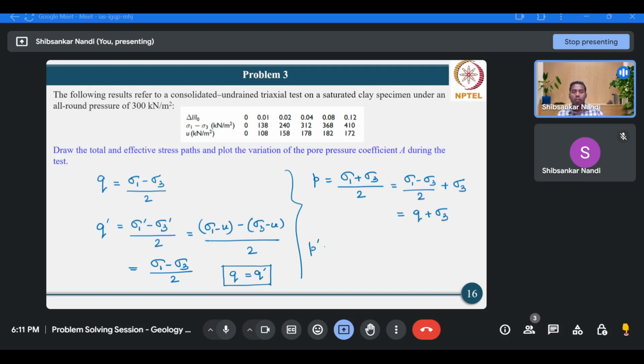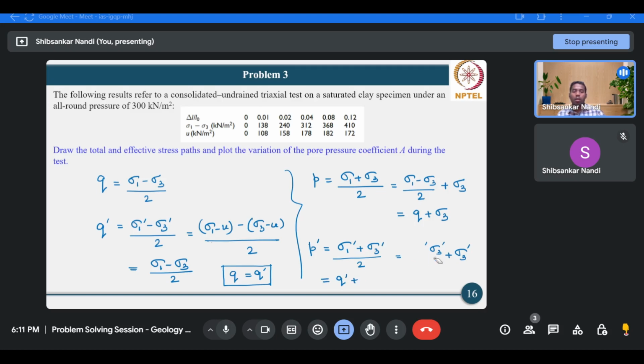Similarly, P prime is (sigma 1 prime minus sigma 3 prime) by 2 plus sigma 3 prime, that is Q prime plus sigma 3 prime.